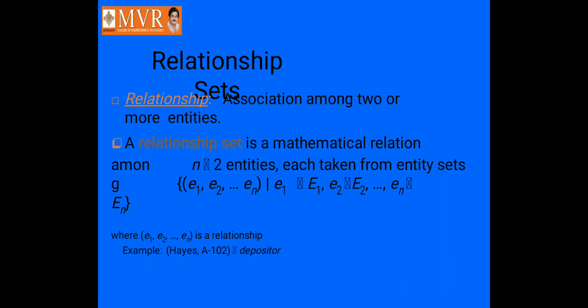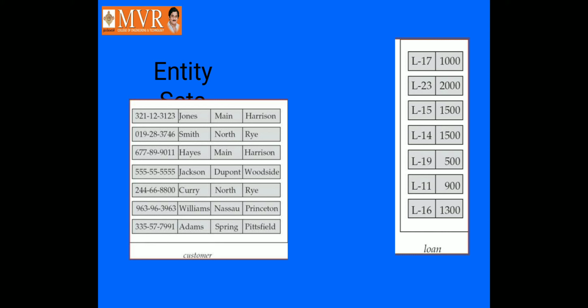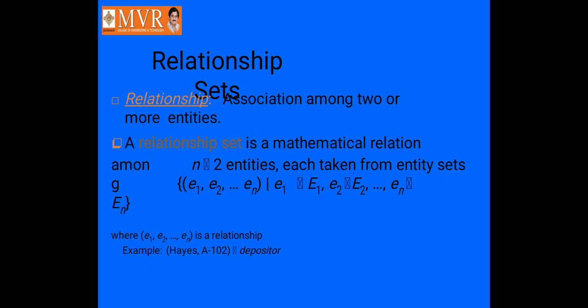Here the relationship set is a relation between the two tables, customer and loan. Individually the customer has its entities and the loan has its entities. Here we are making the relation between the customer and the loans.